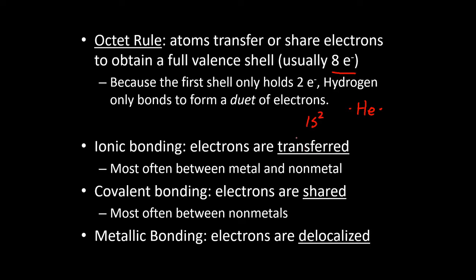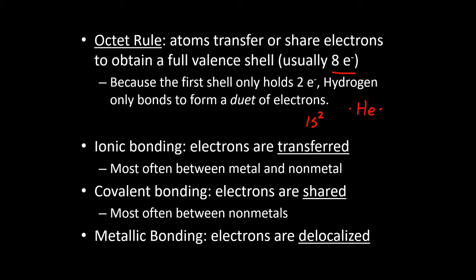There's only 1 orbital, 1 subshell even, in the first principal shell, and so that is in fact a full valence shell. So hydrogen is happy to be the same as helium. Most everything else wants to be like a different noble gas and wants to have 8 valence electrons. It wants to have that octet.